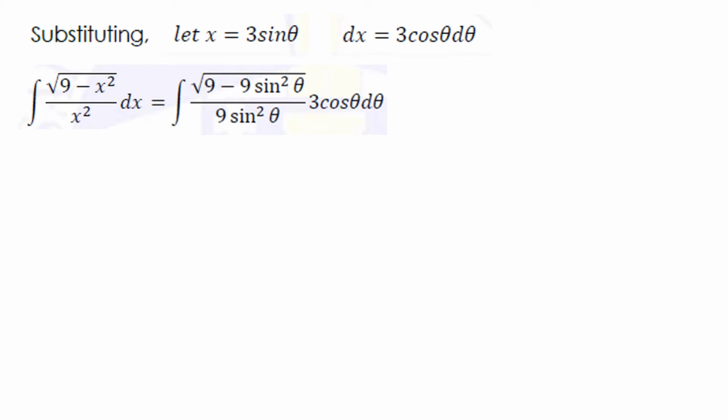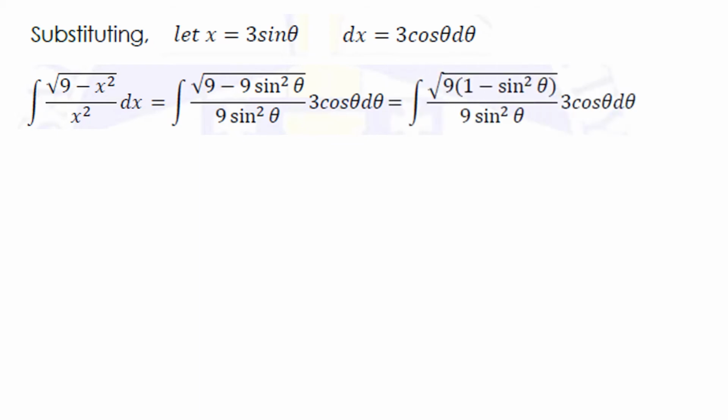If we simplify further, this becomes the square root of 9 times the quantity 1 minus sine squared theta over 9 sine squared theta times 3 cosine theta d theta. If we further simplify, 1 minus sine squared theta is an identity equivalent to cosine squared theta.